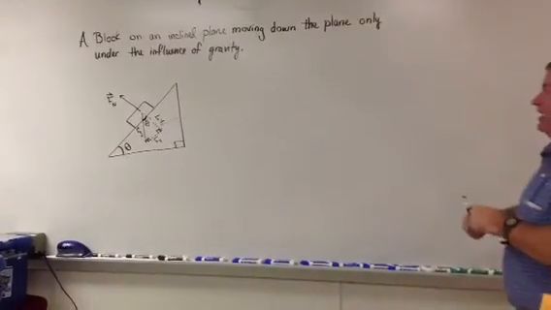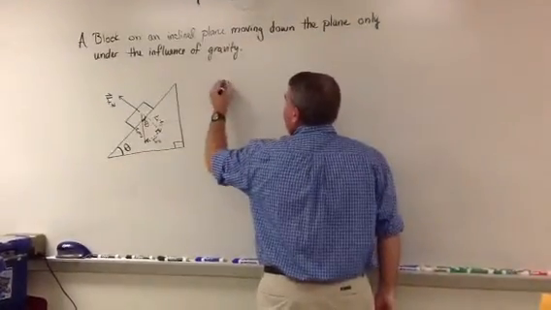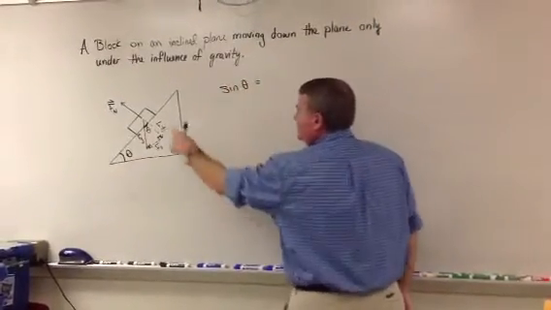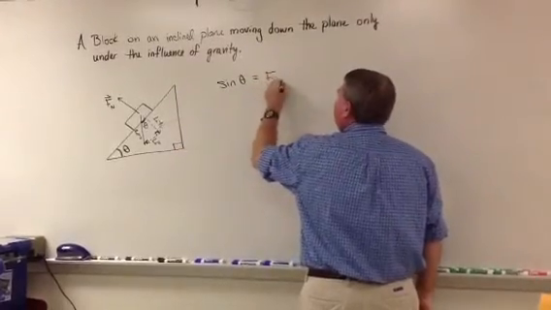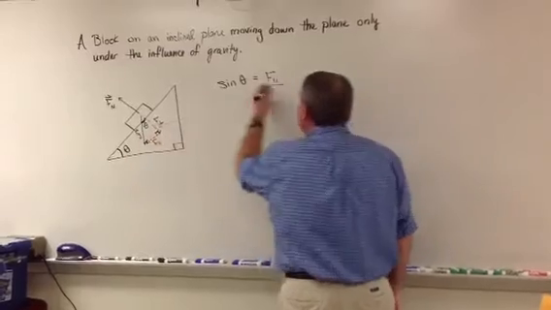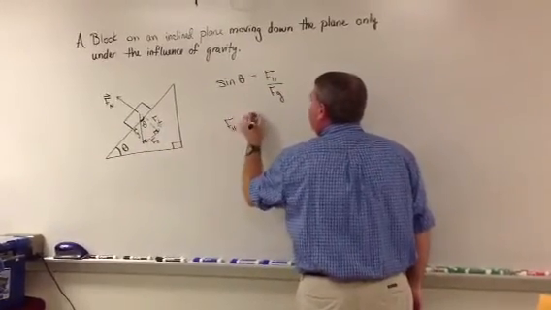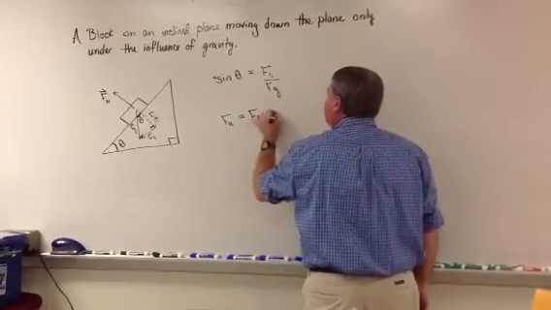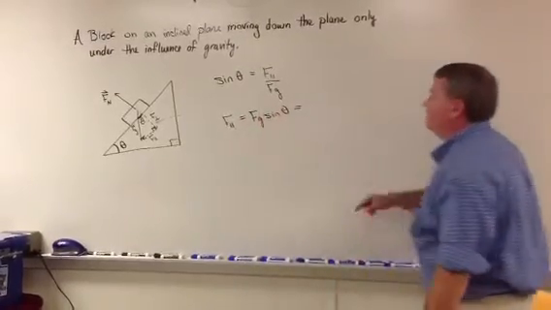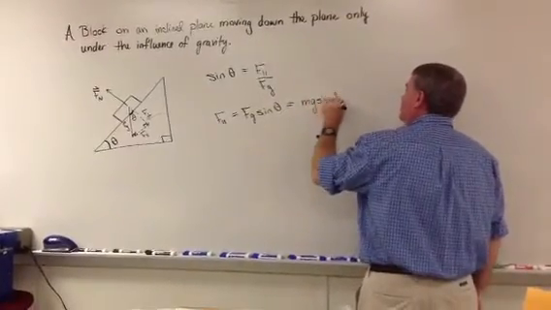The sine of theta is equal to opposite over hypotenuse. So sine theta is equal to F parallel over, the hypotenuse is opposite of the 90-degree angle, which is FG. So F parallel is equal to FG sine theta. We showed earlier that FG is equal to mg, so this is mg sine theta.